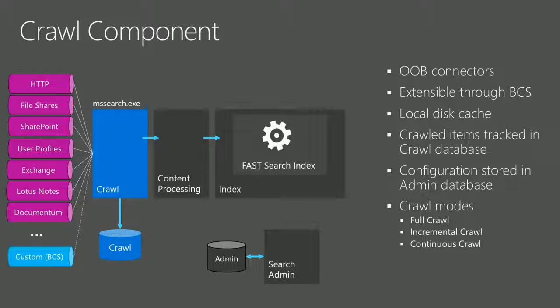There's still no way to technically push data into the index, which would be real time, but this gives us as close as we can get to near real time. It's important to note that this only works on SharePoint data sources, SharePoint 2013, I should say. So from those out-of-the-box data sources, you're talking about SharePoint and user profile crawling.